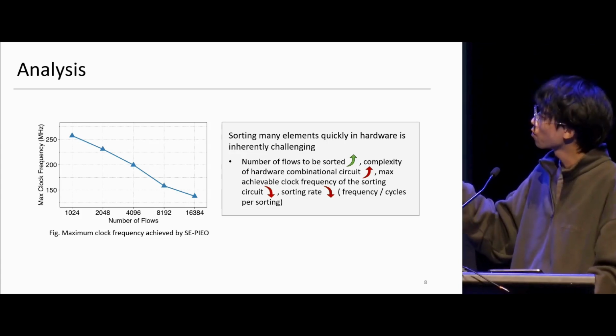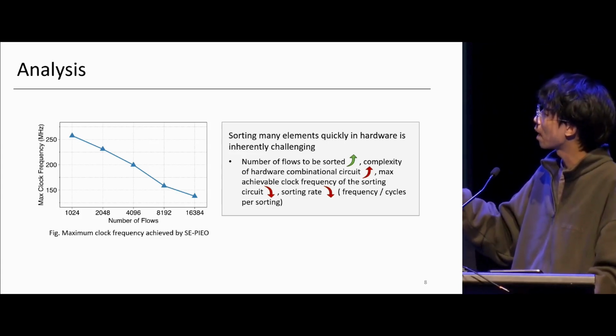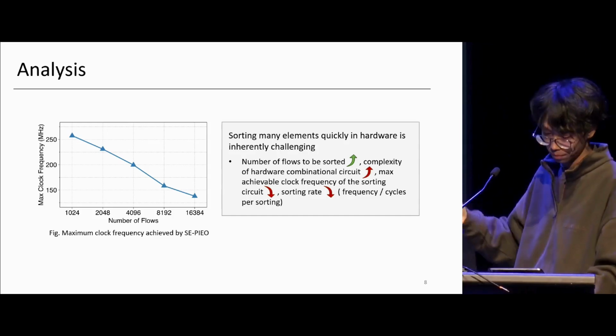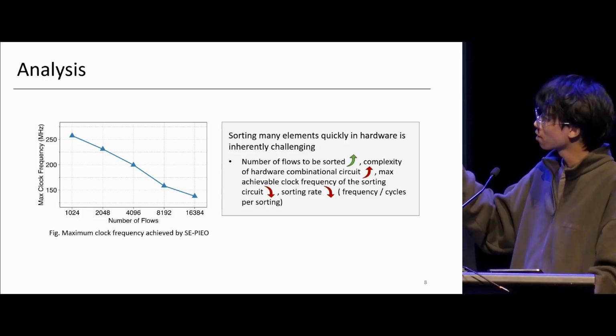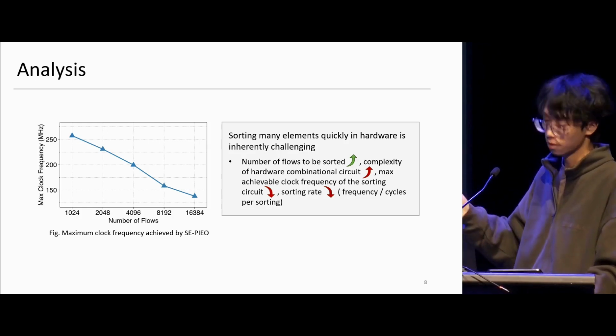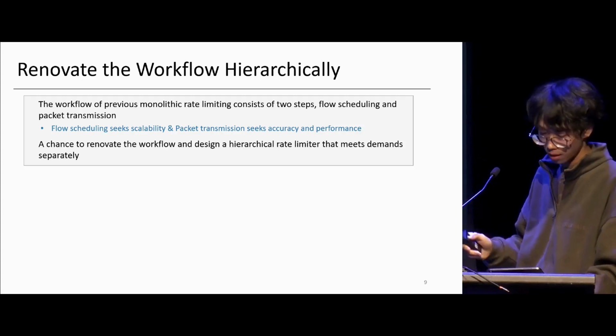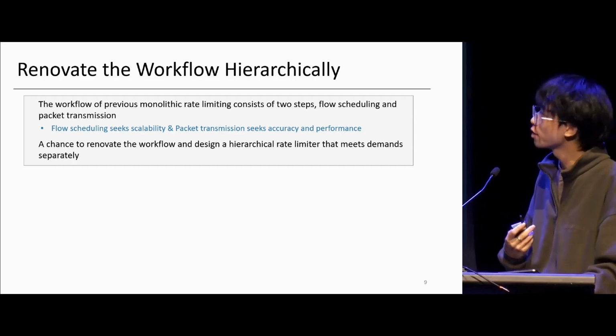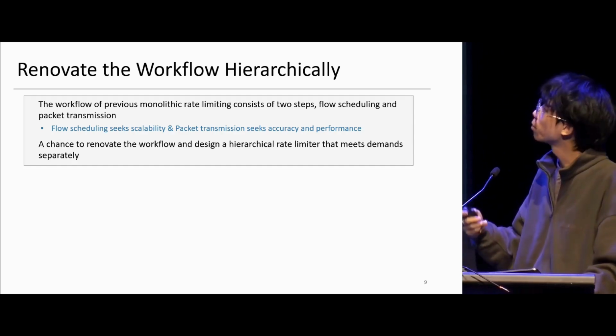The figure here shows the maximum clock frequency achieved by Scenic and Pyle decreases with the increasing number of supported flows, which causes Scenic's and Pyle's low performance. Instead of tackling the challenges of sorting, maybe we can rethink the workflow to improve the performance.